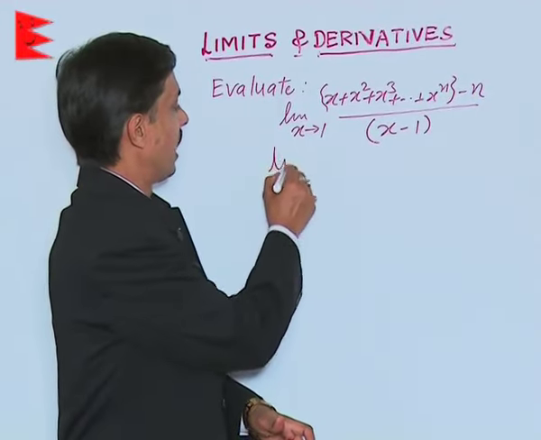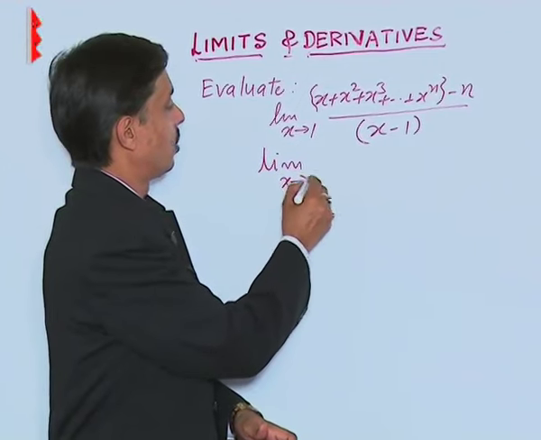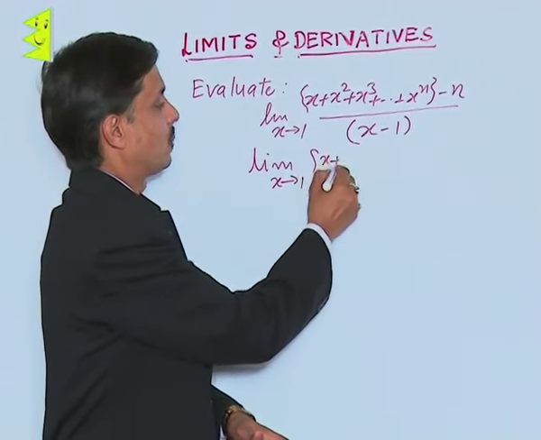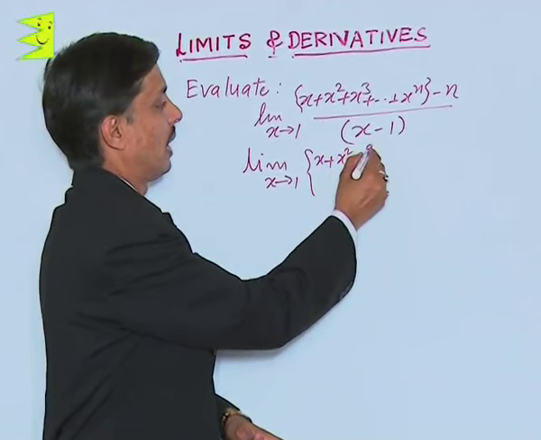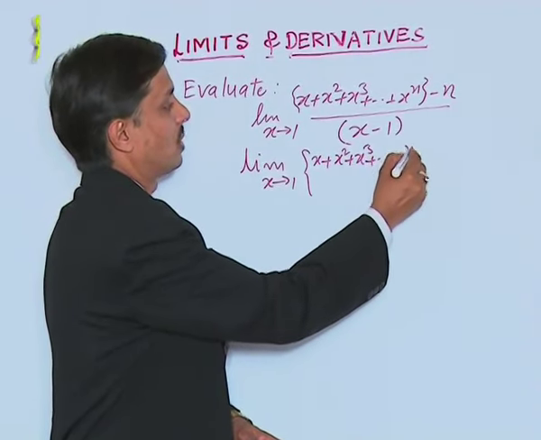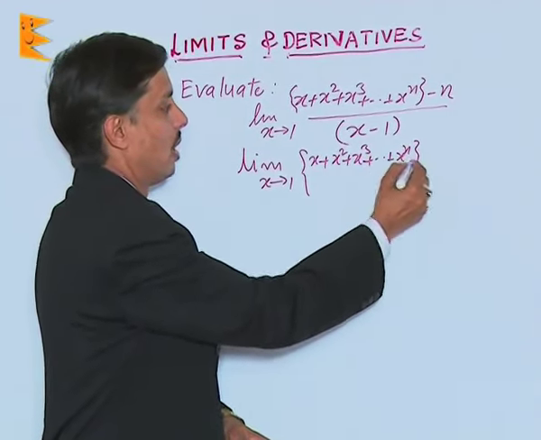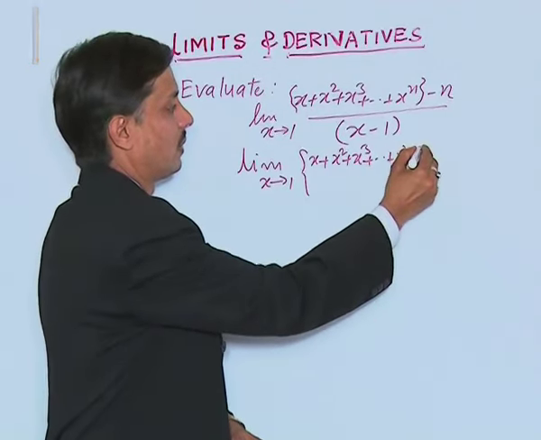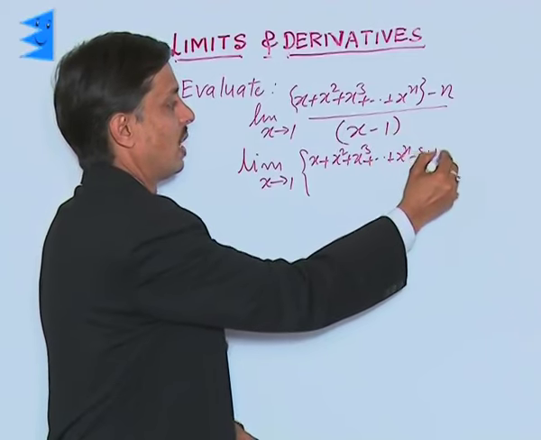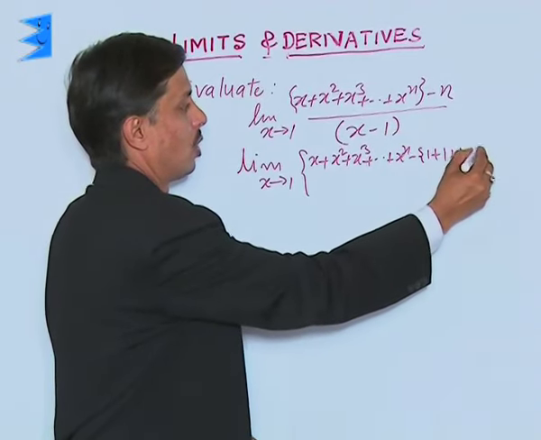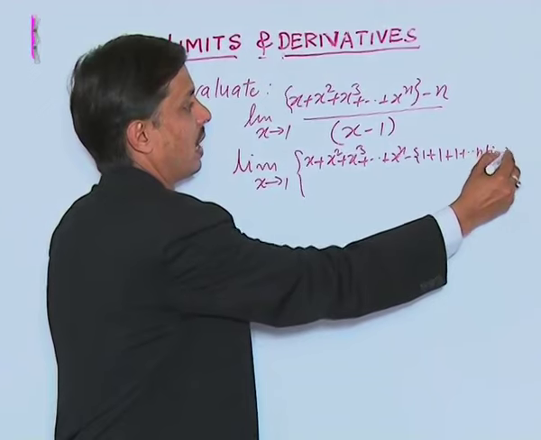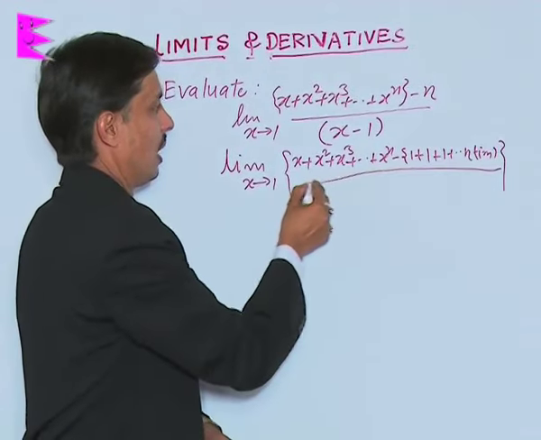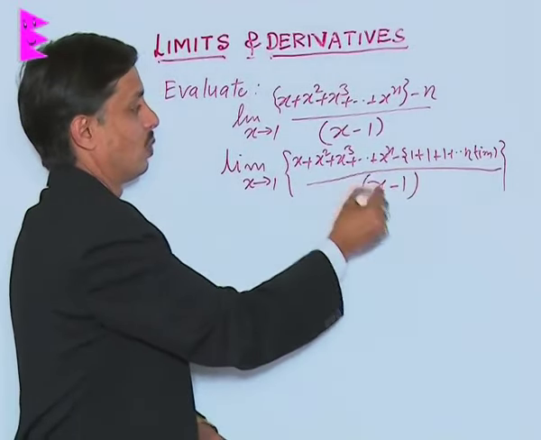I can write this as limit x tending to 1, (x plus x square plus x cube plus dot dot dot plus x raised to the power n). Then minus n I can write as 1 plus 1 plus 1 plus dot dot dot n times 1, divided by x minus 1.